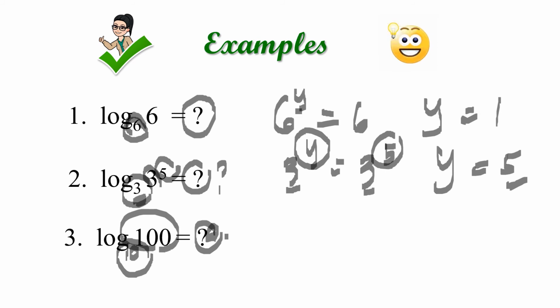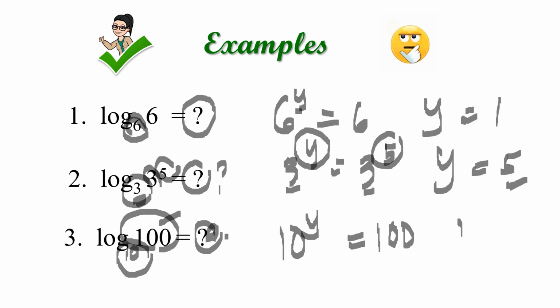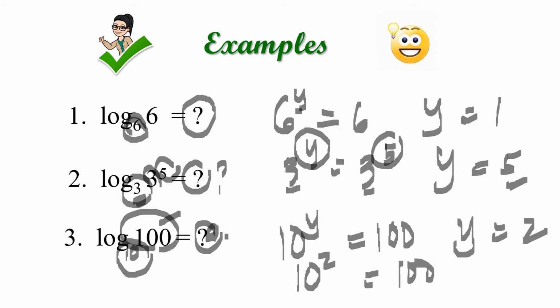So it's like 10 raised to what exponent for you to get 100? So y is therefore equal to 2, because when you change 2 to y, 10 squared is really 100. So y is equal to 2. These are the examples applying the properties that we discussed a while ago.